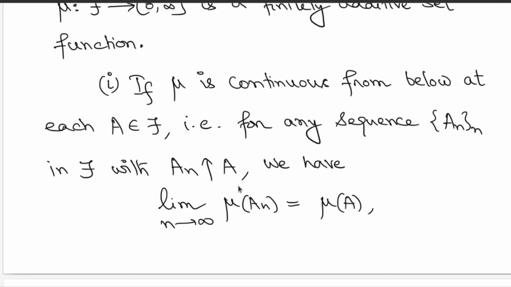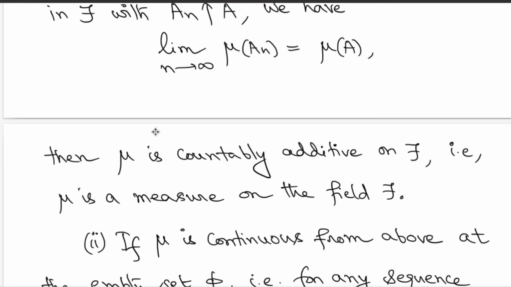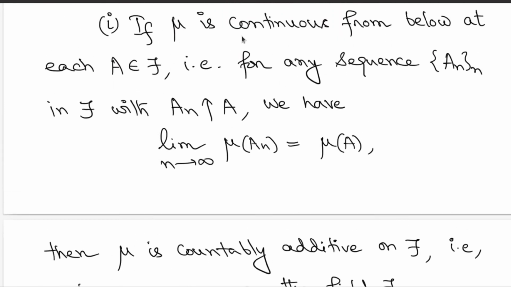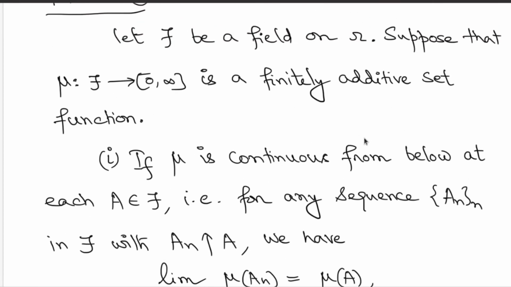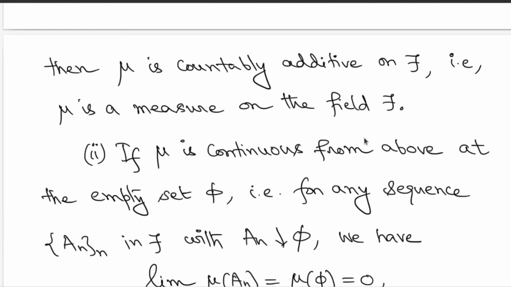So we are saying that mu of An should increase to mu of A. If you have that, then you call that your set function mu is continuous from below at each A. Now if this is part of your hypothesis, that it's continuous from below at each set, then we claim that mu is countably additive on the field, and therefore this finitely additive set function, which is continuous from below at each set, will become a measure on a field.